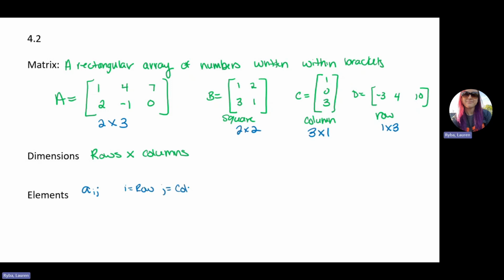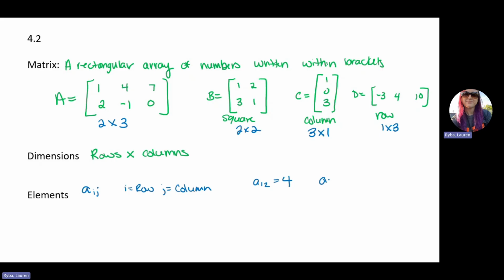J represents the column position that the number is in. So if I work with matrix A, the element A 1,2, that's the first row, second column. If I look at this first row, the second column, that is number 4.